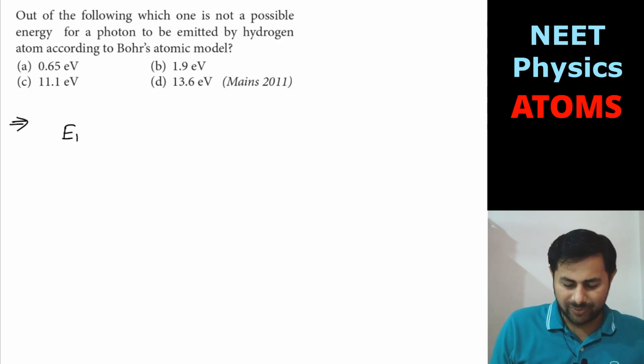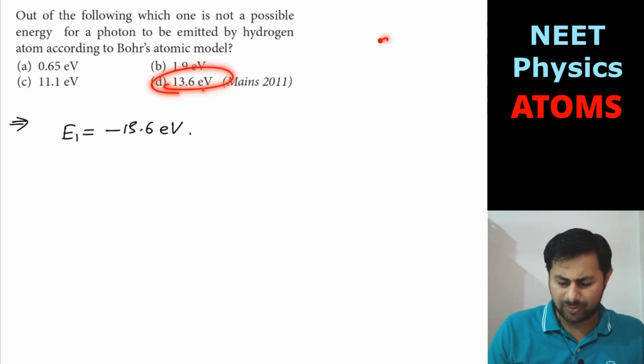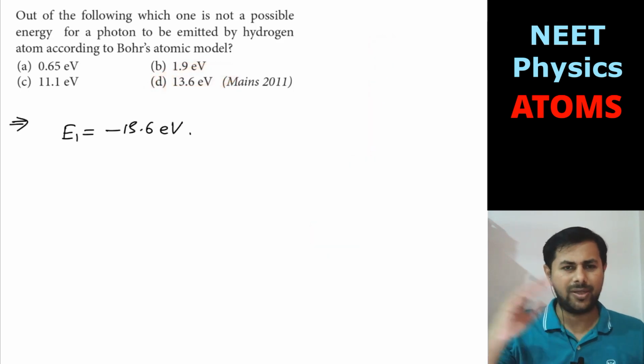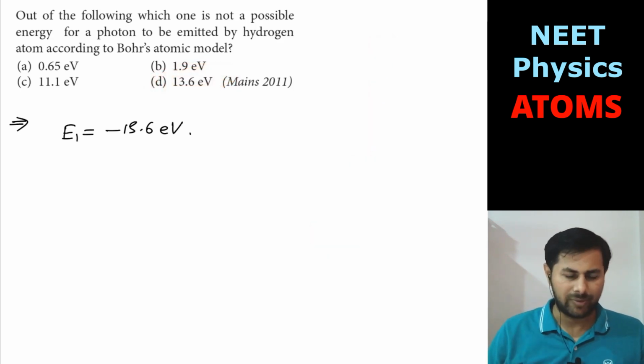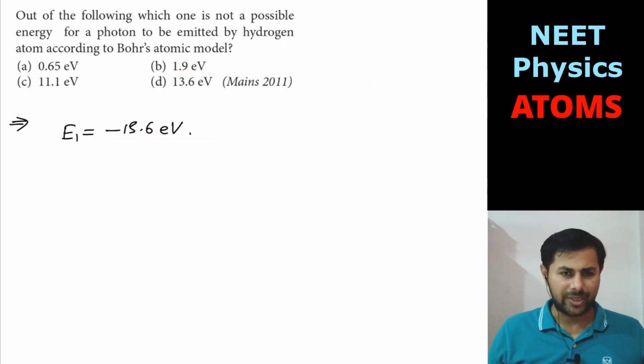E1 is equal to minus 13.6 electron volts. If an electron jumps from infinite orbit to the ground level, that means a free electron jumps to the ground level, then this much energy would be emitted. So this is completely fine. It will emit a photon of energy 13.6 electron volts.